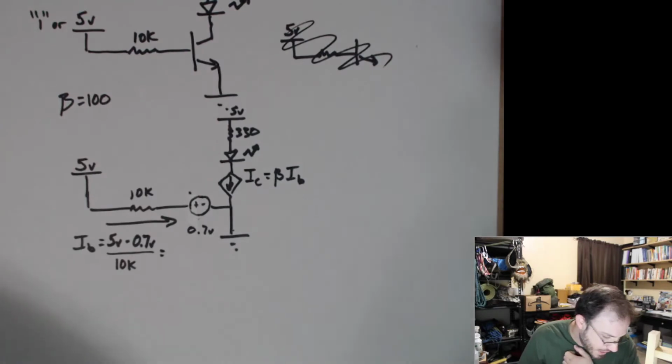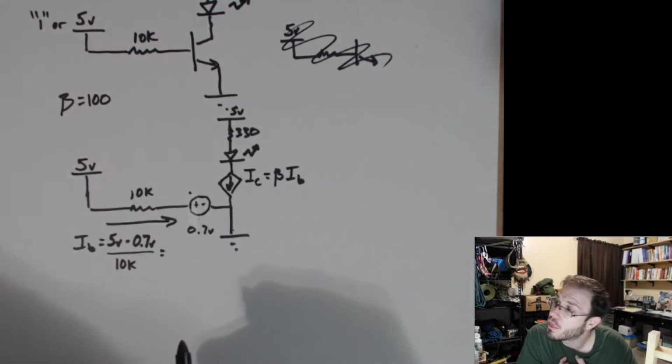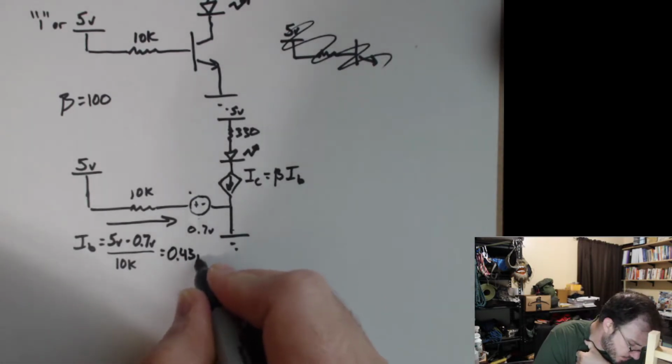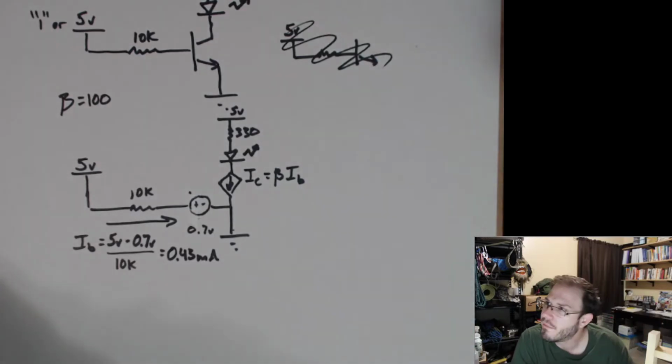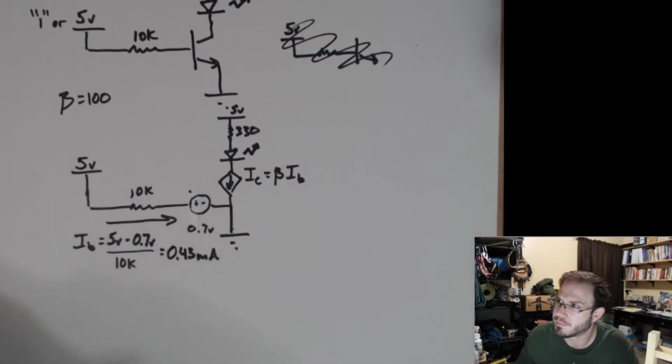So what does that end up being equal to? It's going to be 0.43 milliamps. So we have 0.43 milliamps entering our transistor on the base.